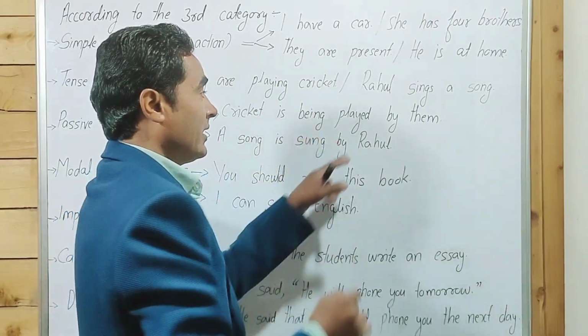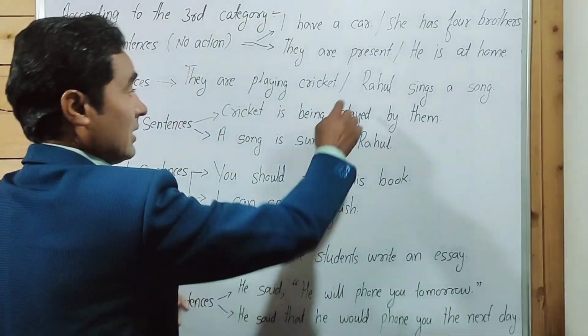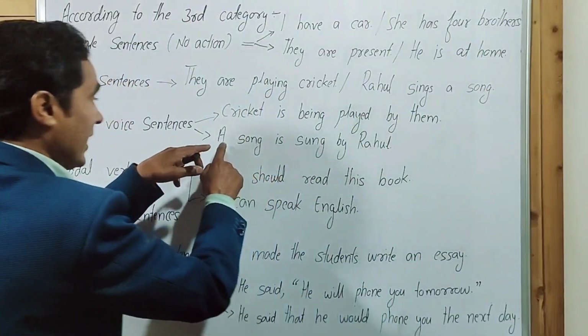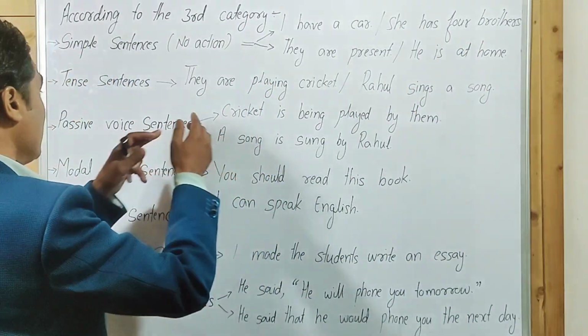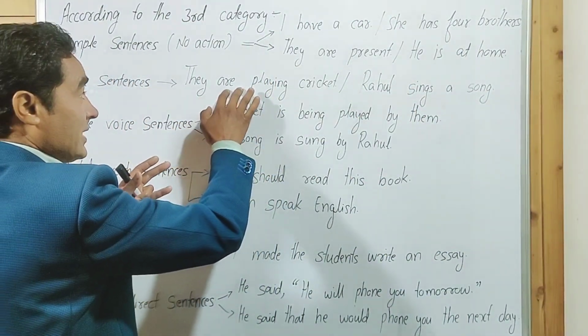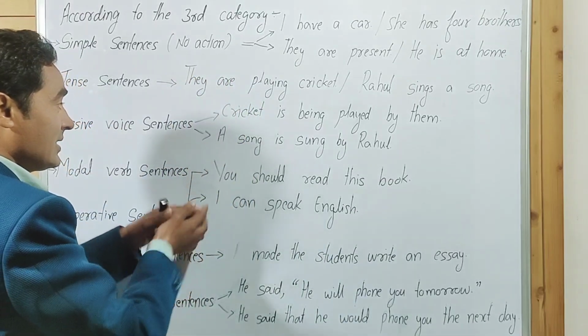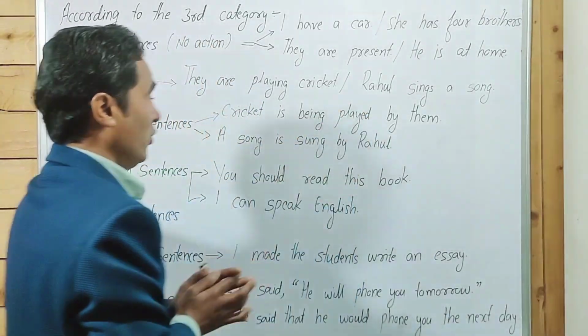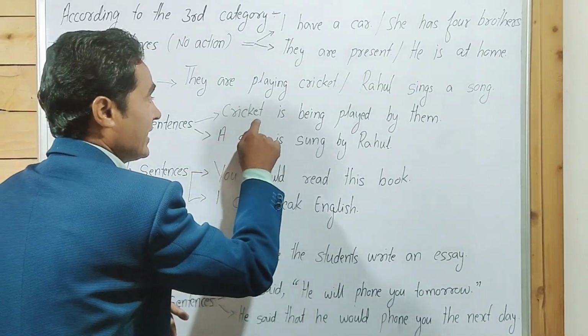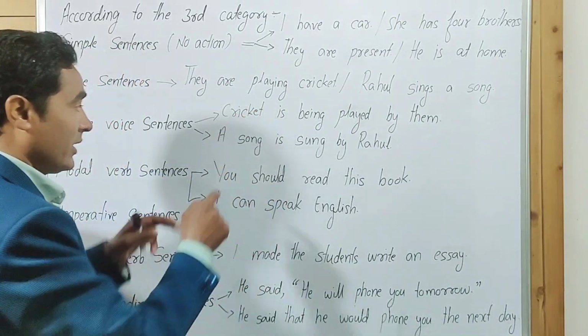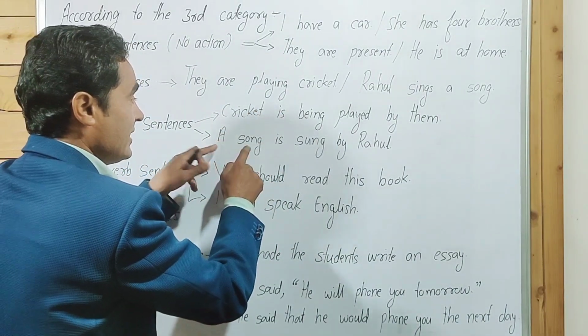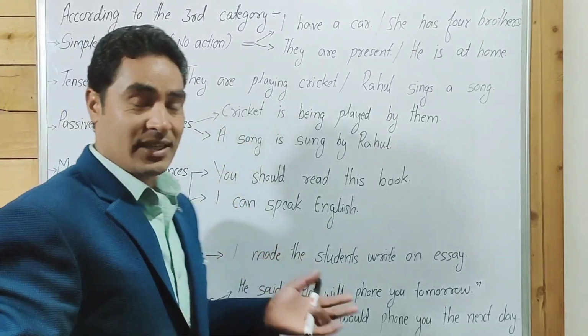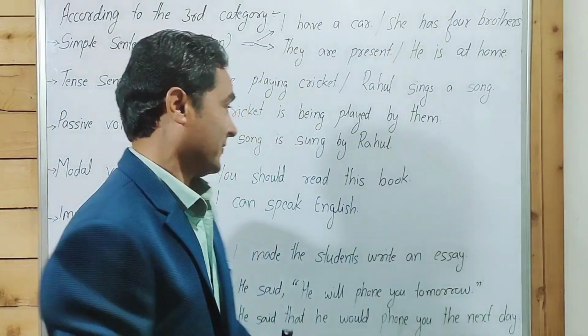Rahul sings a song. Can we change it? When we change an active sentence into a passive sentence, we write: a song is sung by Rahul. Here the subject is cricket. It's the receiver, not the doer. In this sentence, the subject is a song. It's a receiver, not a doer.